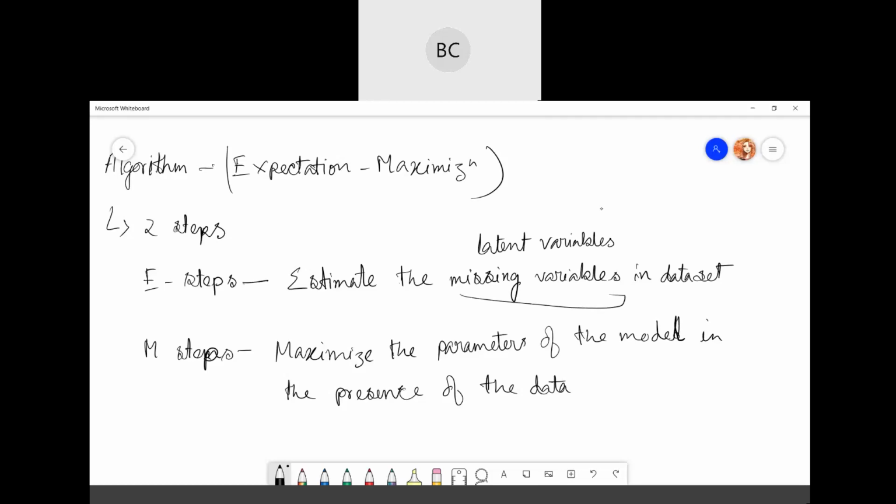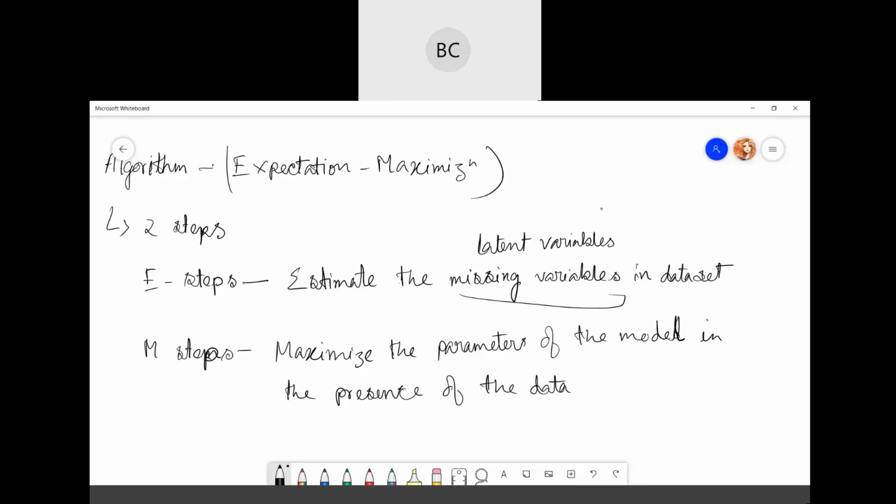This is the E step. The second mode attempts to optimize the parameters of the model to best explain the data. So it's the maximizing of the parameters in the presence of the data so that it can particularly fit.